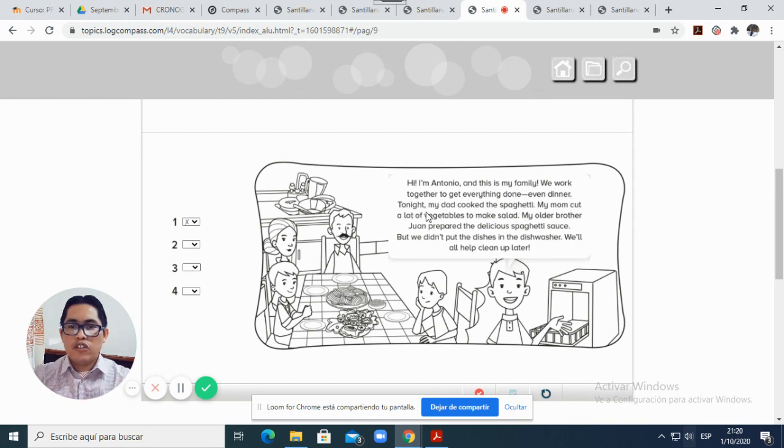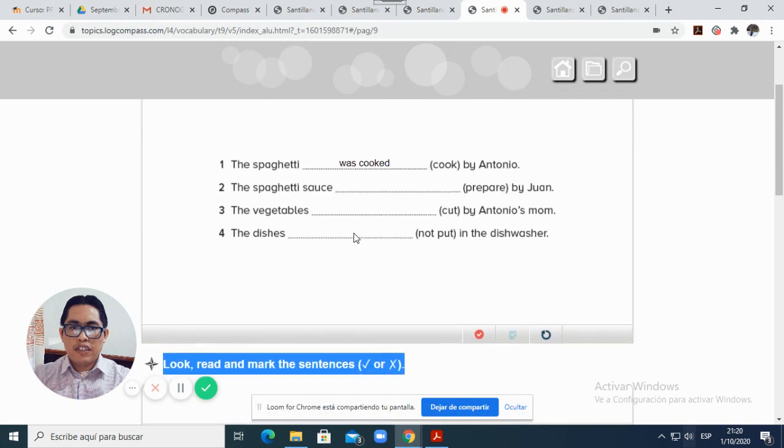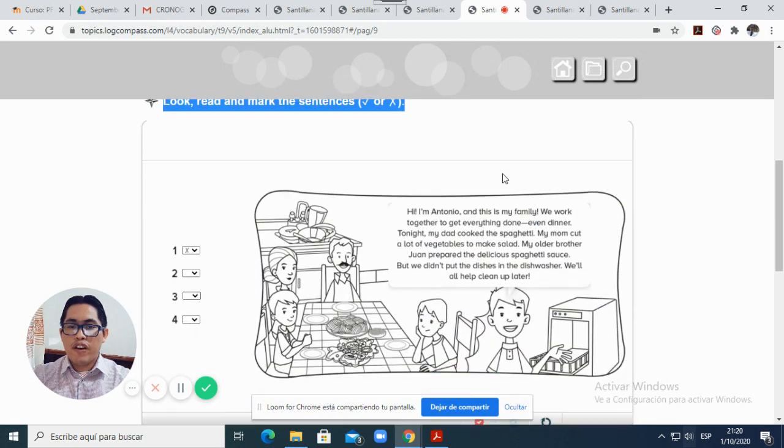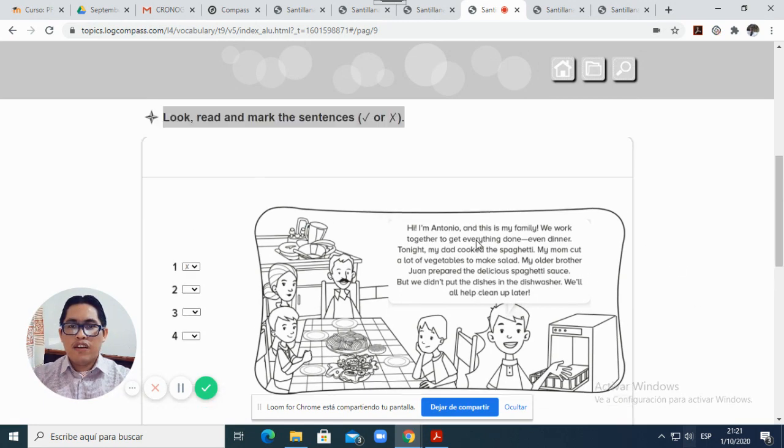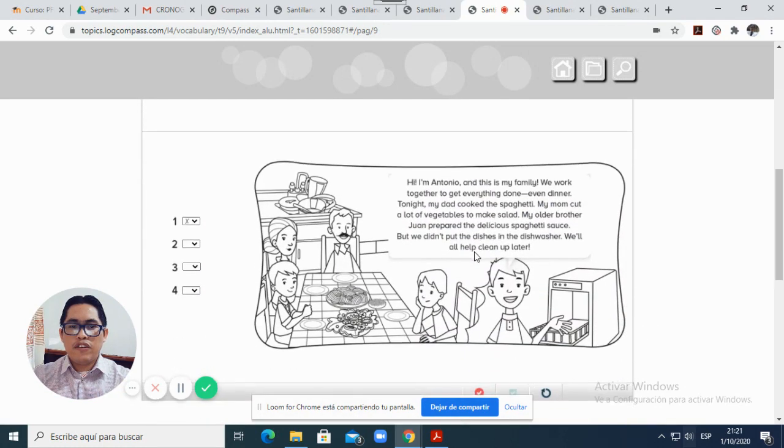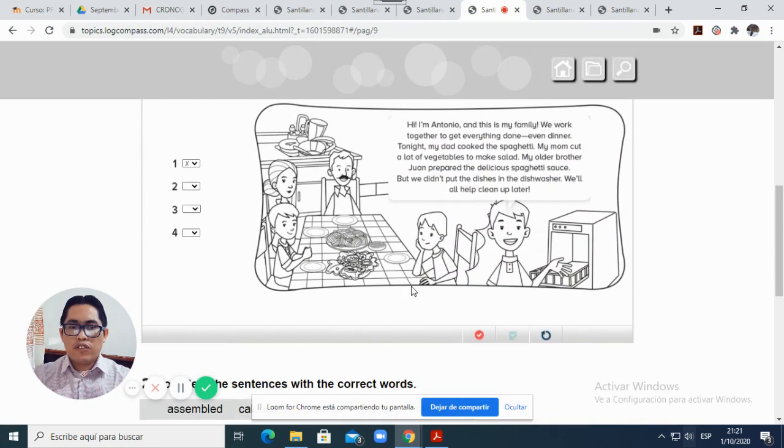So, the sentence number 1 says the spaghetti was cooked by Antonio. We are reading here, tonight my dad cooked the spaghetti. So this is false. We put a cross here. Okay? Just that. You read the sentences, and then you say true or false.